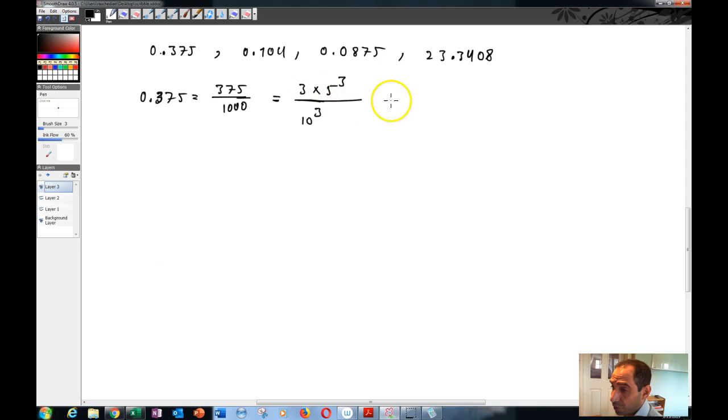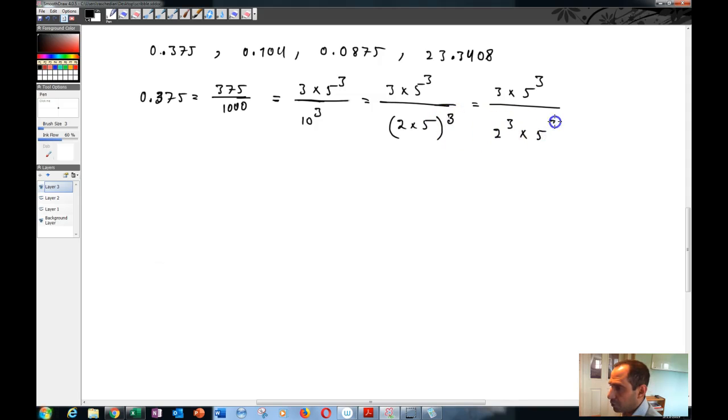is you can write this number as 3 times 5 cubed, and then you can write 10 as 2 times 5. The prime factorization of 10 is actually nothing but 2 times 5. So 2 times 5 whole raised to the power 3, and then you can write this as 3 times 5 cubed, and simplify this to 2 cubed times 5 cubed.